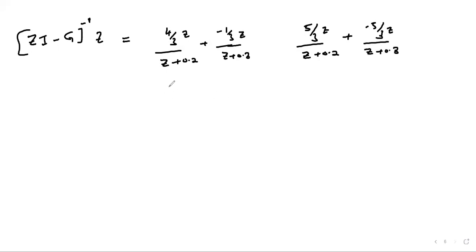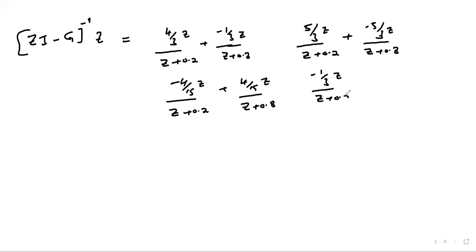Then we get the other part to be -4/15 z over (z+0.2) plus 4/15 z over (z+0.8). Lastly, we get -1/3 z over (z+0.2) plus 4/3 z over (z+0.8). And those are our partial parts.